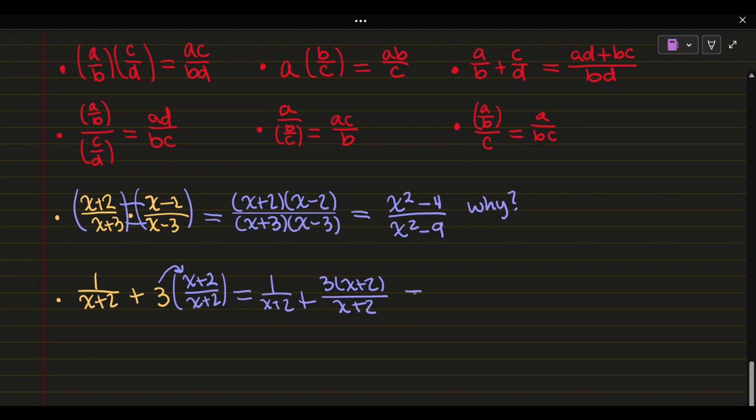Now that these have a common denominator, I can just do the addition above the denominator. So I just put this addition in the numerator. And I challenge the viewer to discover why this is going to be 3x plus 7 over x plus 2.